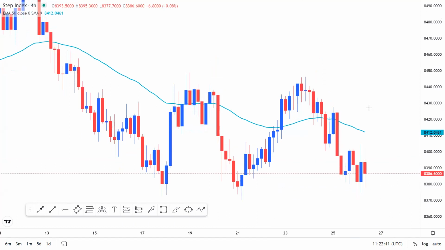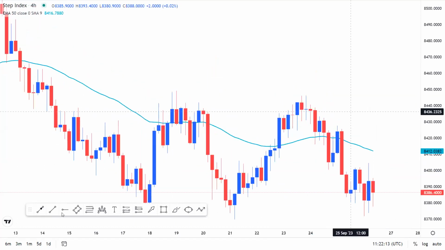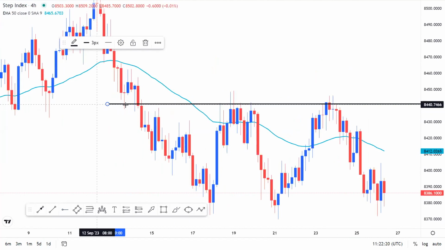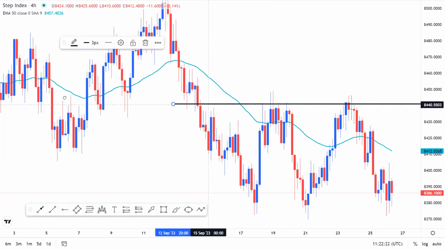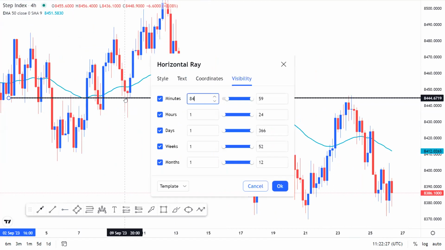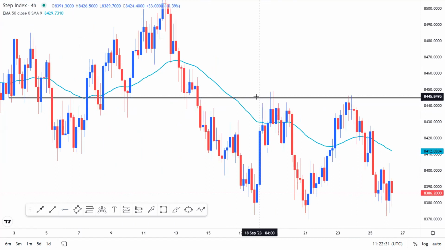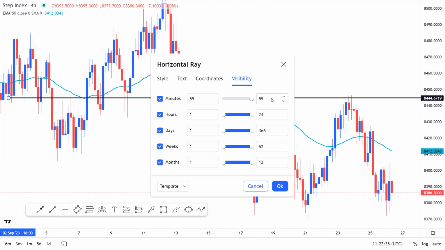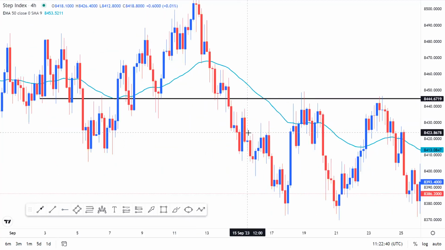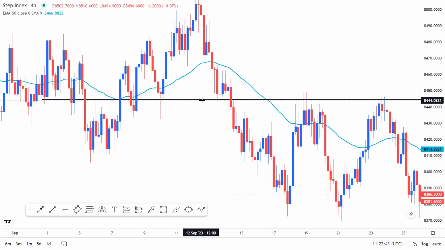So very quickly, from the 4-hourly time frame, I noticed we came into a daily key level, somewhere around 84.40.